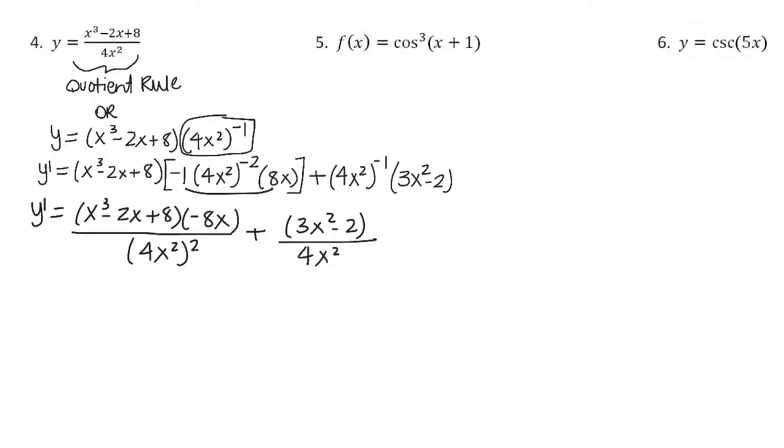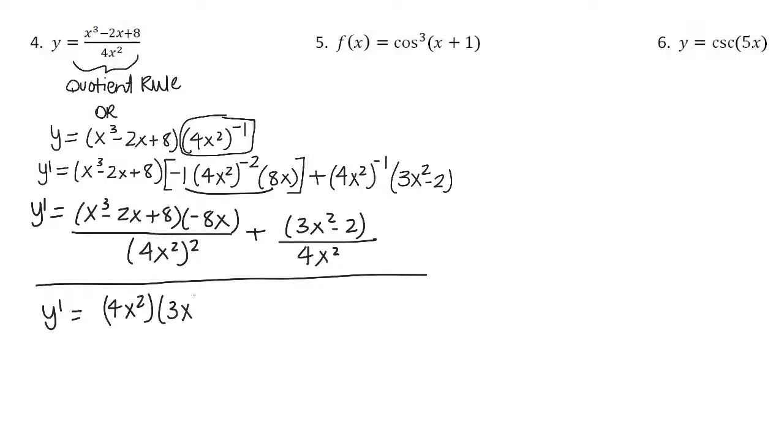Please ask. Do y'all want to see the quotient rule way? For this one, I think it's a little bit easier. So let's see, I'm just going to draw a line here. y prime equals the bottom, so 4x squared, times the derivative of the top, which is 3x squared minus 2.